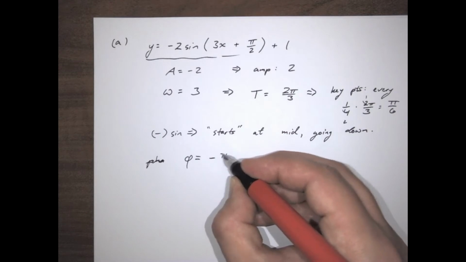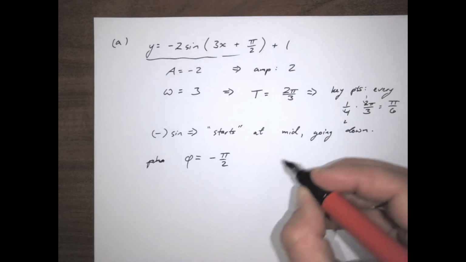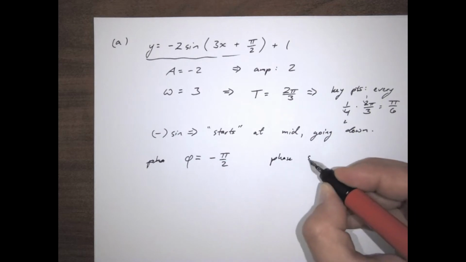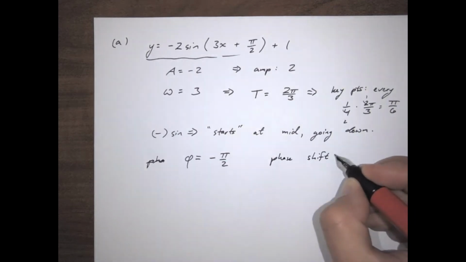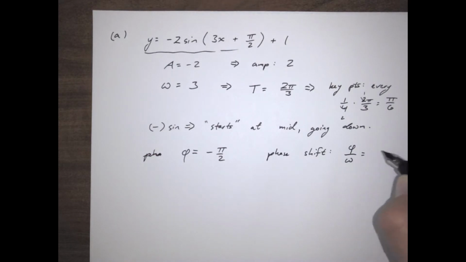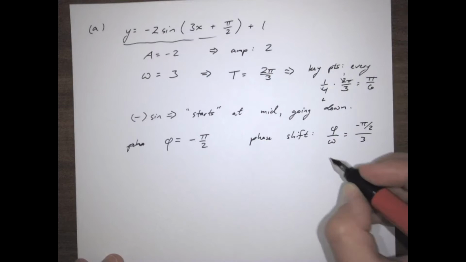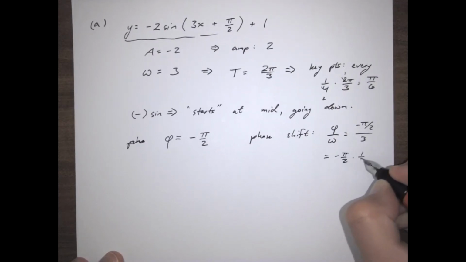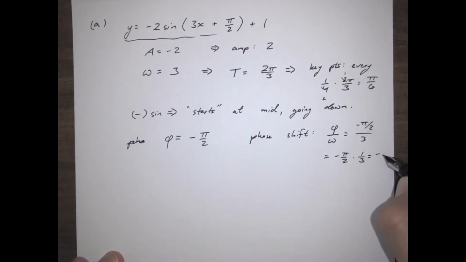So it's negative pi over 2, which means that the phase shift is phi over omega, which is negative pi over 2 over 3, which is equal to negative pi over 2 times 1/3, which is equal to negative pi over 6.